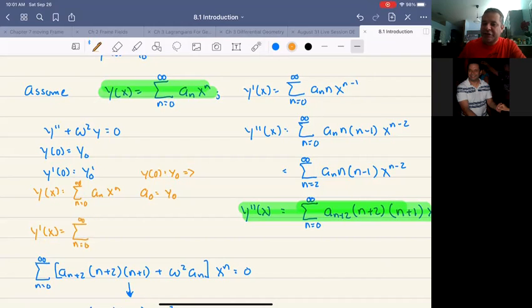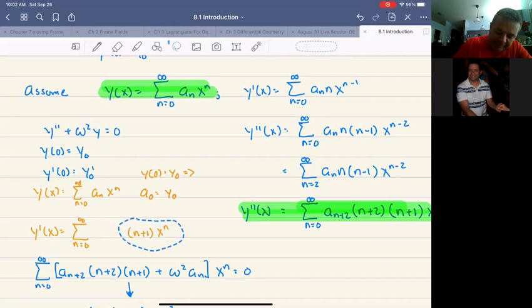So the n equals 0 term is out, so I'm going to write a sub 1, n plus 1, x to the n. Oh, sorry, that should be a sub n plus 1, but you get the idea.